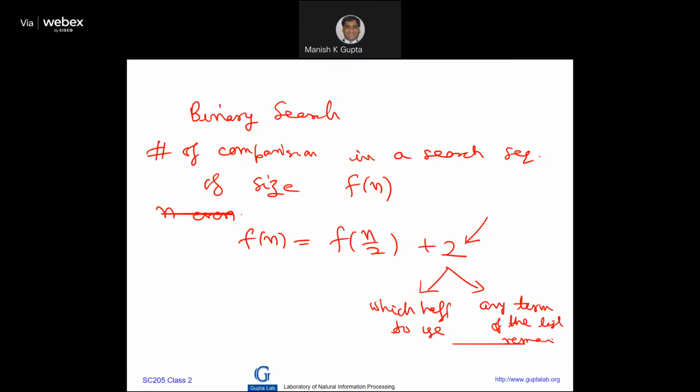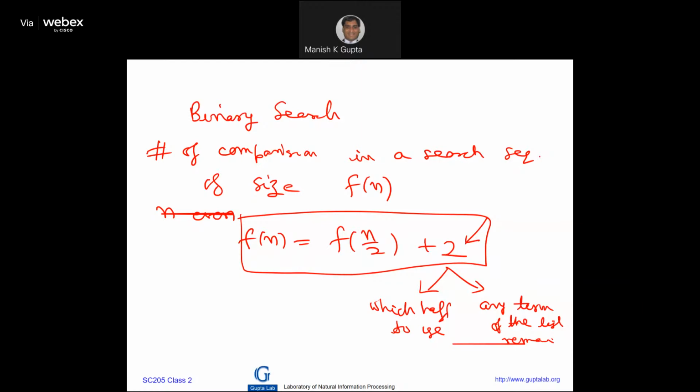So essentially, this is the key thing: f of n is equal to f of n by 2 plus 2. This is a kind of recurrence relation that we want to solve, right? Of course, this is a constant, which is okay, but this function of n is an important thing.